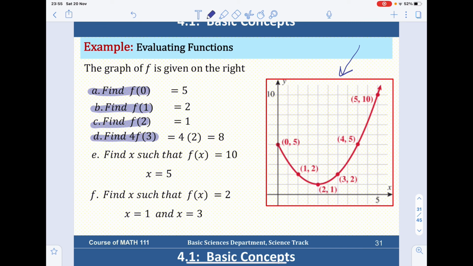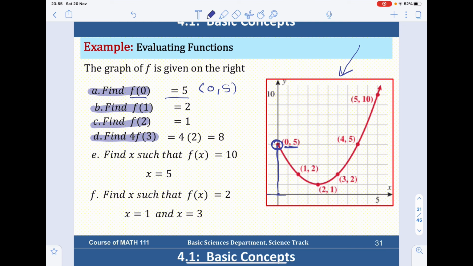So to find out f of 0, we will not move through the x-axis. We will stay on the origin. So then we will go up until we hit the graph. We're going to hit the graph over here. So the point is 5. So f of 0 is 5, or we can write the coordinate, which is (0, 5).